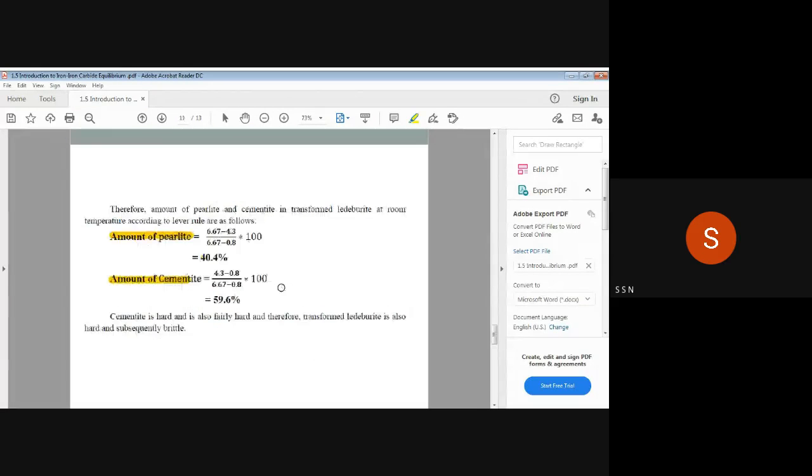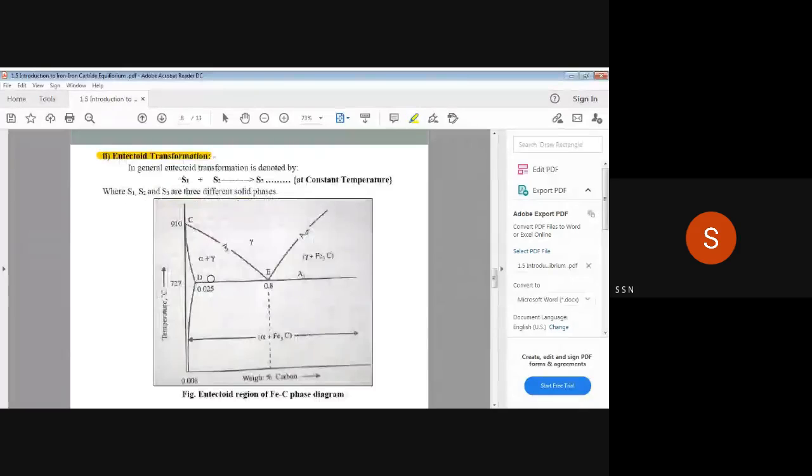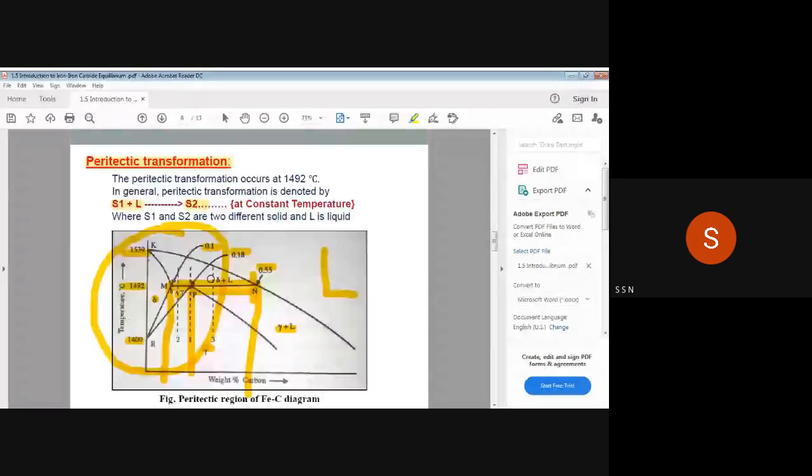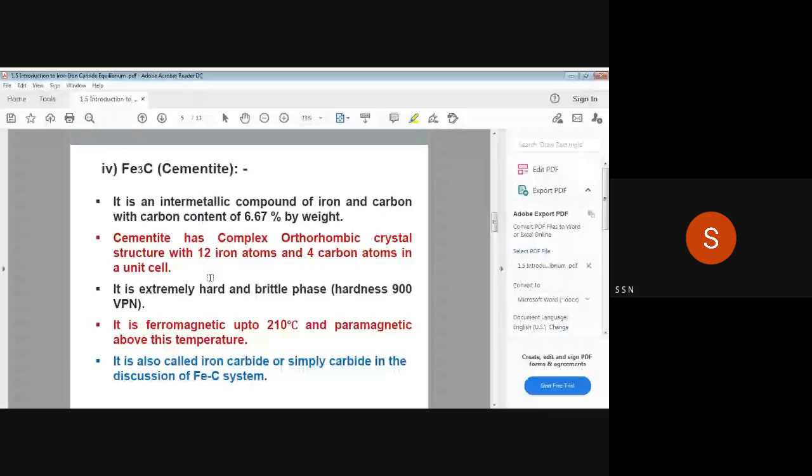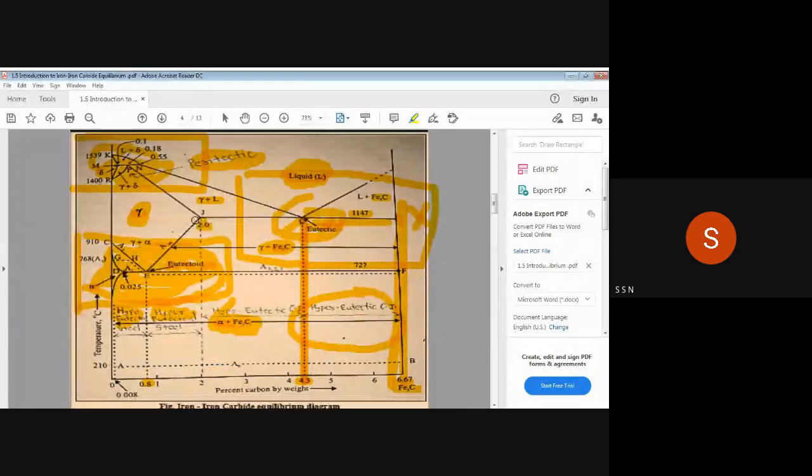So that's why, while calculating the percentage of different solids, we can find the amount of perlite and the amount of cementite. We can no doubt find out the amount of gamma austenite present here at J point and the amount of cementite present at this X point.